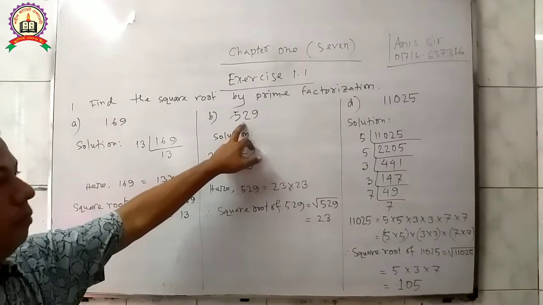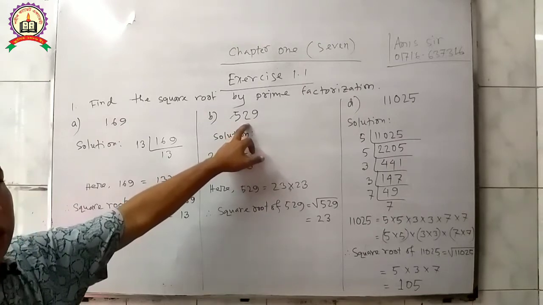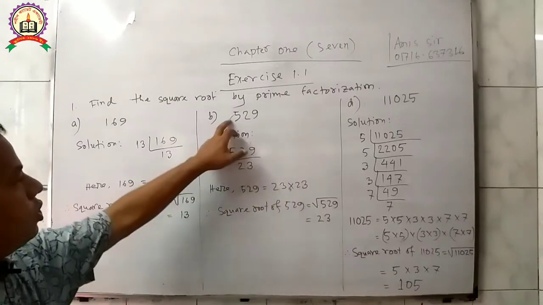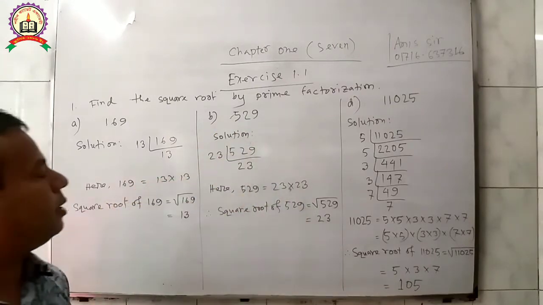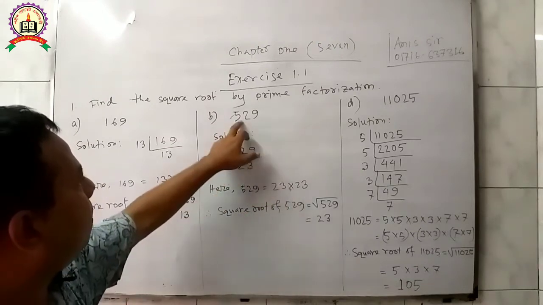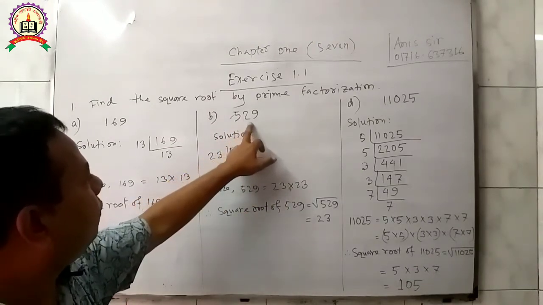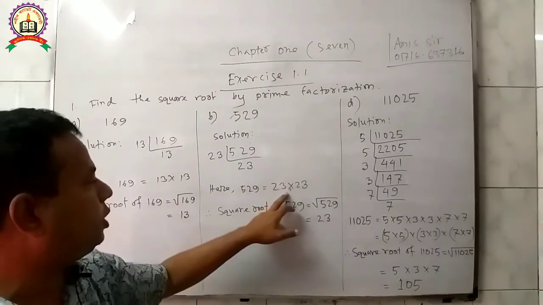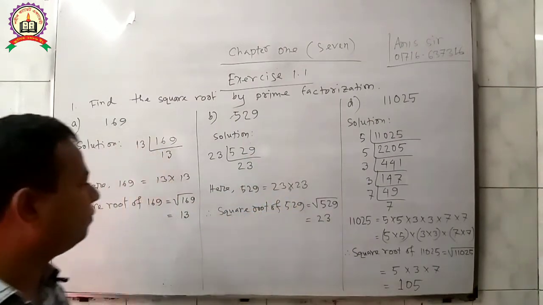This is called a square number, as 23 into 23, and 23 is the square root. So from this square number we get 2 prime factors, 23 into 23.